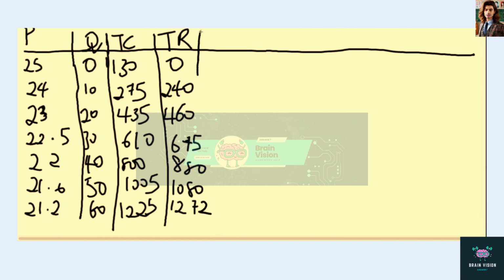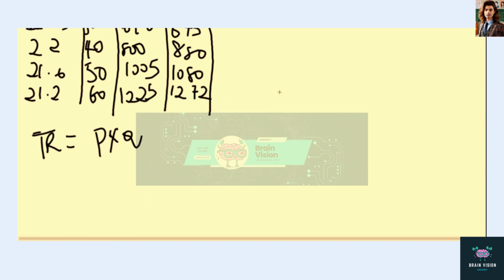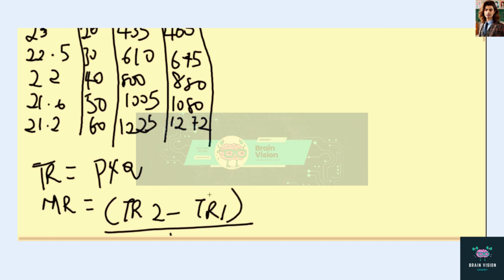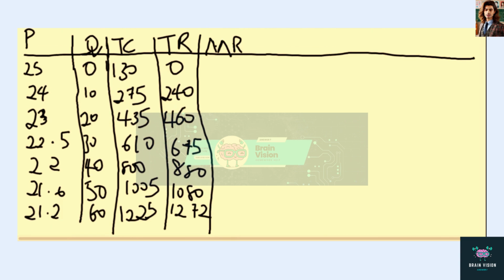The next thing the question wants us to find is marginal revenue. So we'll draw the line for marginal revenue, and I'm sorry my lines are not that straight. The formula for marginal revenue is total revenue 2 minus total revenue 1 divided by 10. The first one will have no marginal revenue.